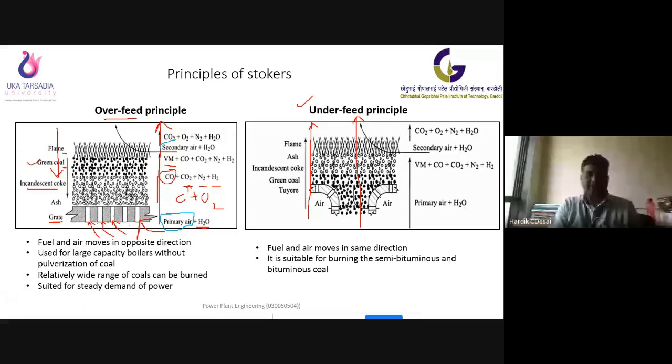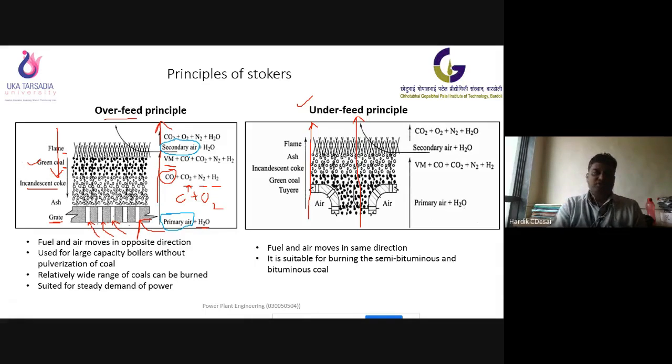Primary air will be provided from the bottom end, and this secondary air will be provided to complete the combustion process, to complete the reaction between the carbon monoxide, hydrogen, and your volatile matters.